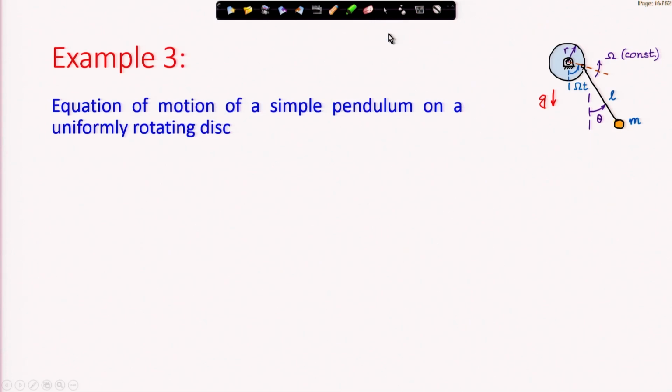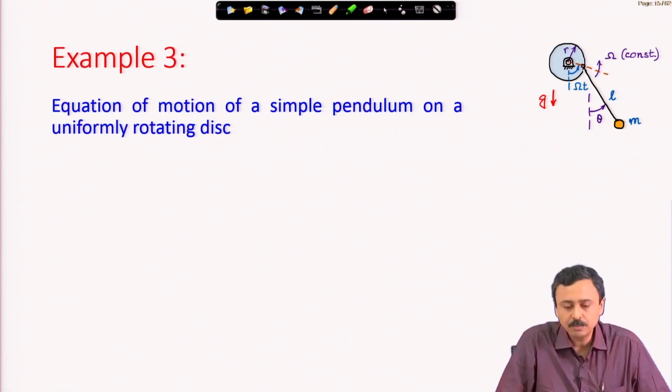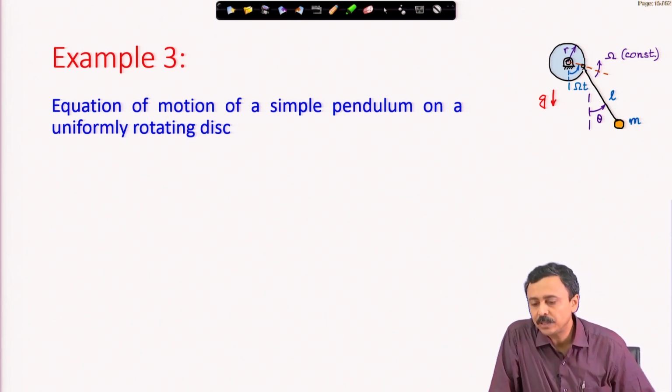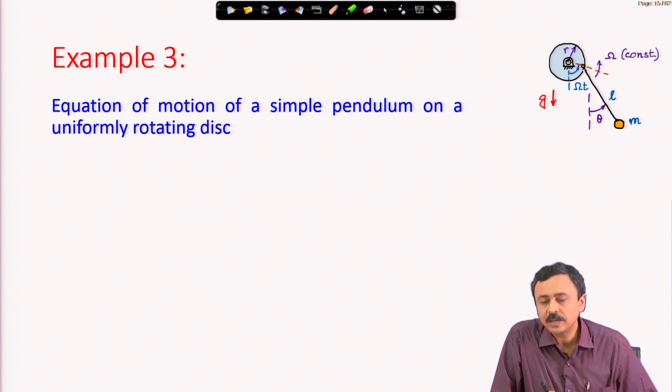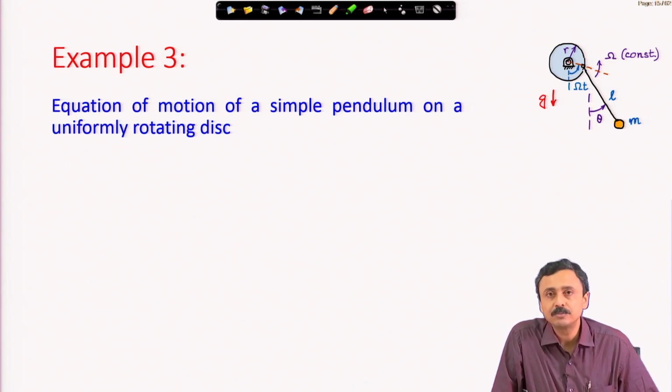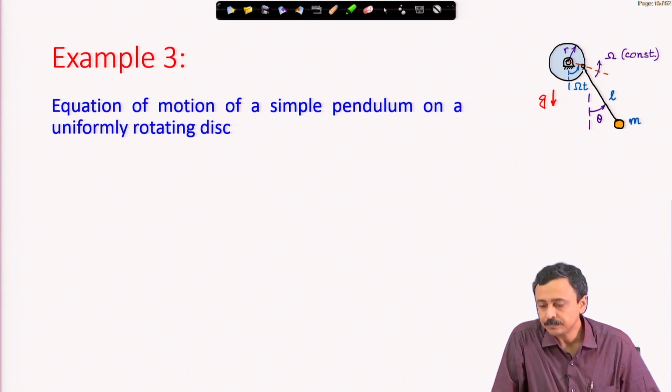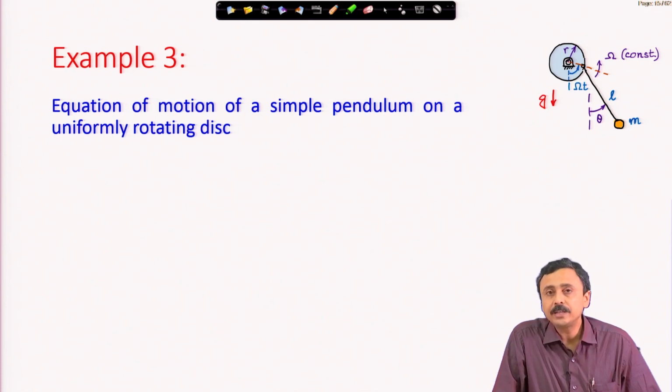We move to the next example, equation of motion of a simple pendulum on a uniformly rotating disc. Here in the figure you can see there is a disc, on the circumference of which, at a radius r, we have pinned a pendulum, and the whole thing is moving in the plane of the screen, and the disc is rotating at a constant angular velocity capital omega.